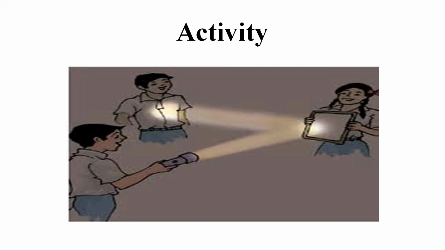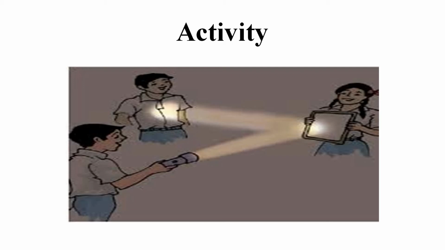First of all, we ask one of our friends to hold a mirror in her hand at one corner of the room. Then we stand at another corner with a torch in our hand. Then, students, we cover the glass of the torch with our fingers and switch it on.